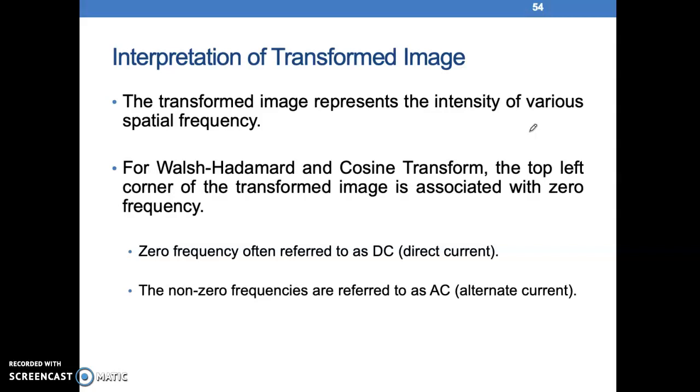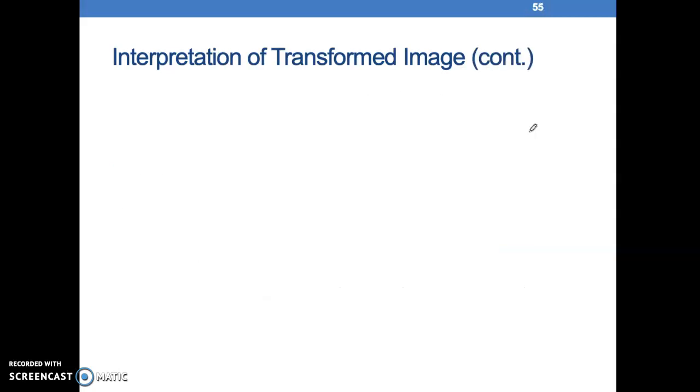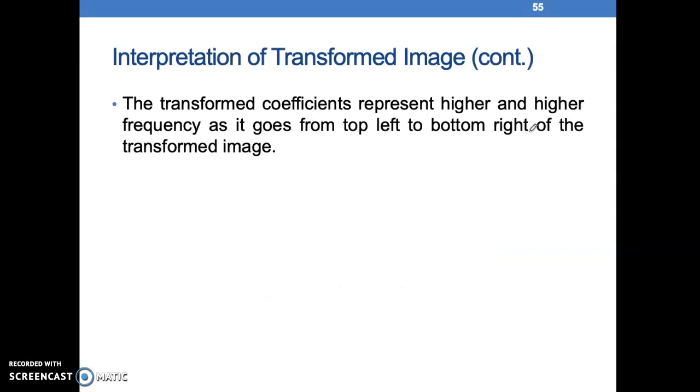For WHT and CT, the top left corner of the transform image is associated with 0 frequency, which we call DC, and the rest will be AC. The transform coefficients represent higher and higher frequency as it goes from top left to bottom right of the transform image.